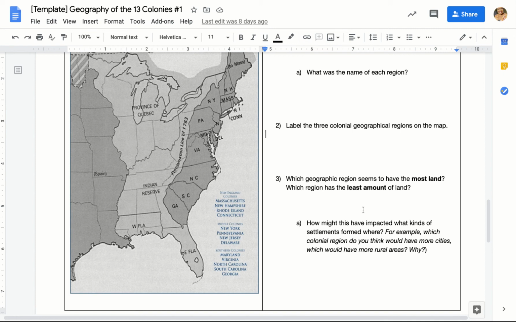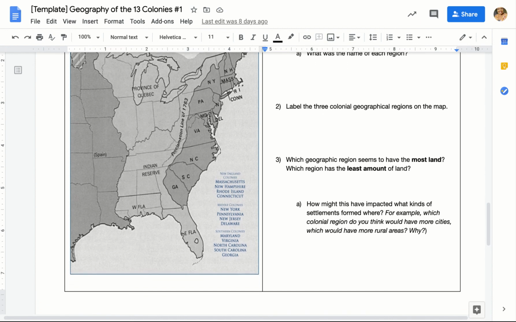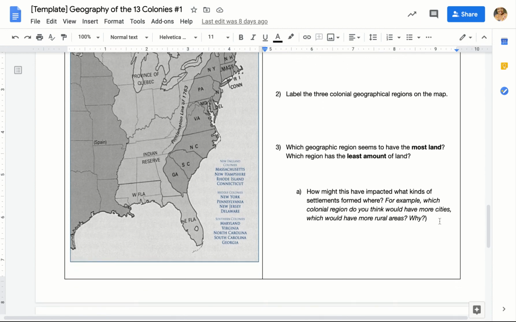The first part of question 3 is asking which geographic region seems to have the most land, because this is a two-part question, and then which region has the least amount of land. And then last but not least, 3A, based on the amount of land, how might this have impacted what kinds of settlements formed where?